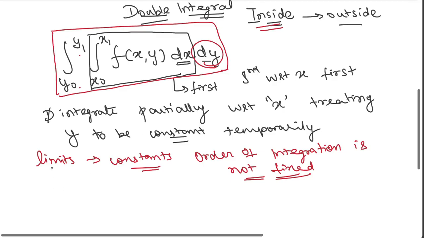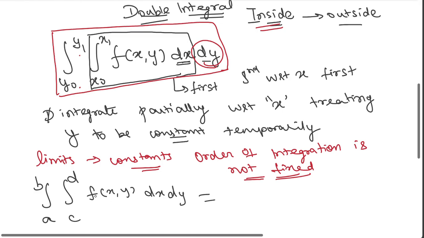That means we have integral from a to b, integral from c to d, f of x comma y dx dy to be the same as integral from c to d, integral from a to b, f of x comma y.